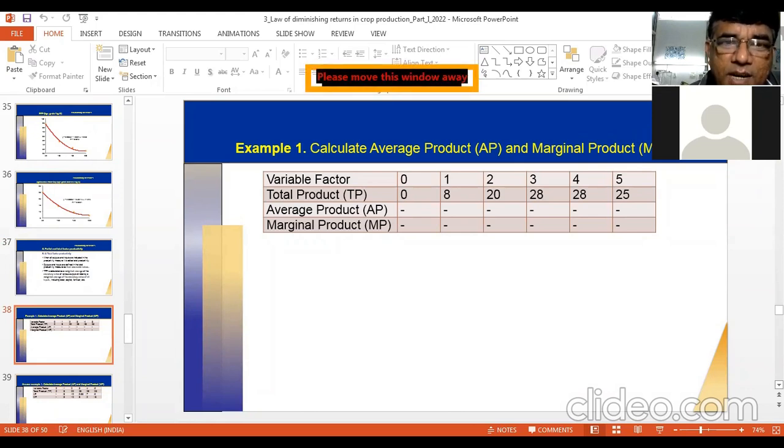It is gross return to cost, expenditure. We cannot call it BC ratio. For calculating BC ratio, you need to deduct the cost of cultivation from gross return: gross return minus cost of cultivation, divided by cost of cultivation. Then that is your benefit cost ratio.